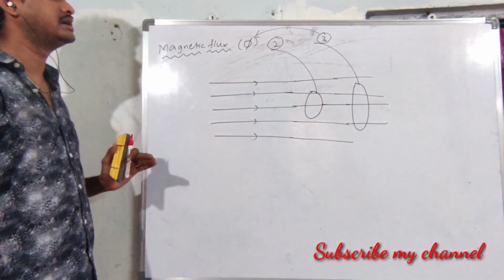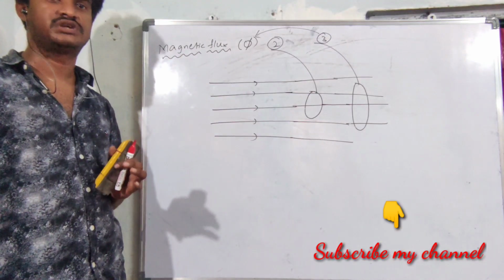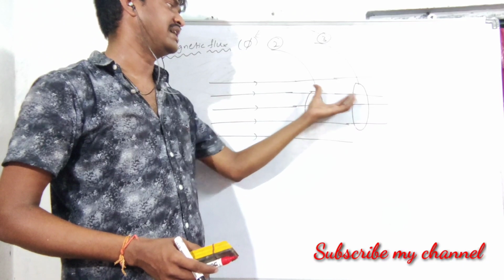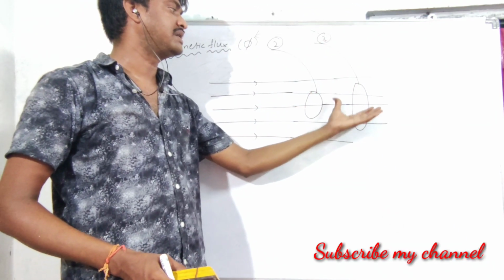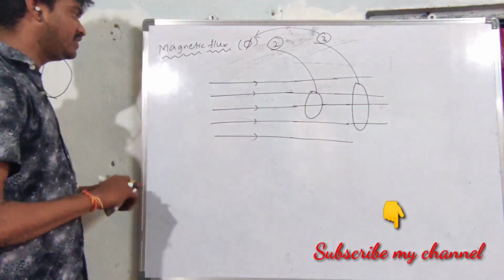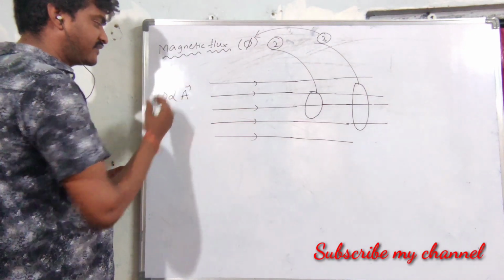Whenever I take the small area, only 2 field lines pass through. When I take a slightly increased area of cross section, the number of field lines passing through it also increases. That means the magnetic flux is directly proportional to the area of cross section.